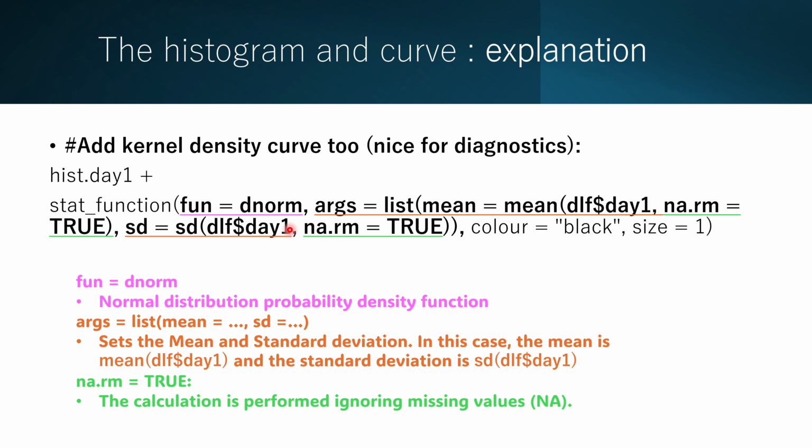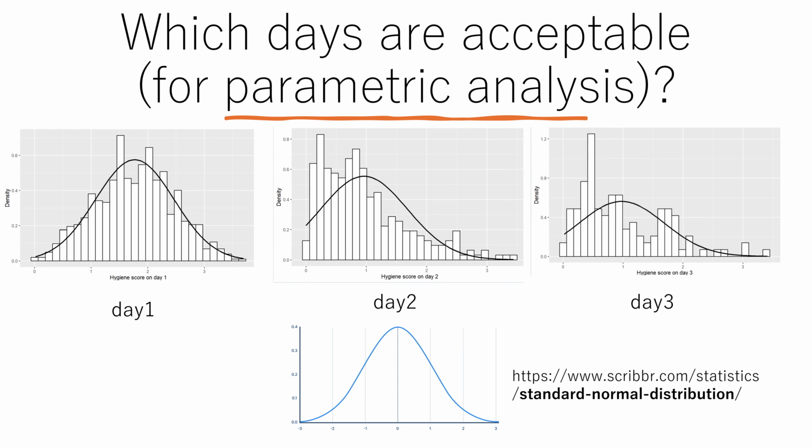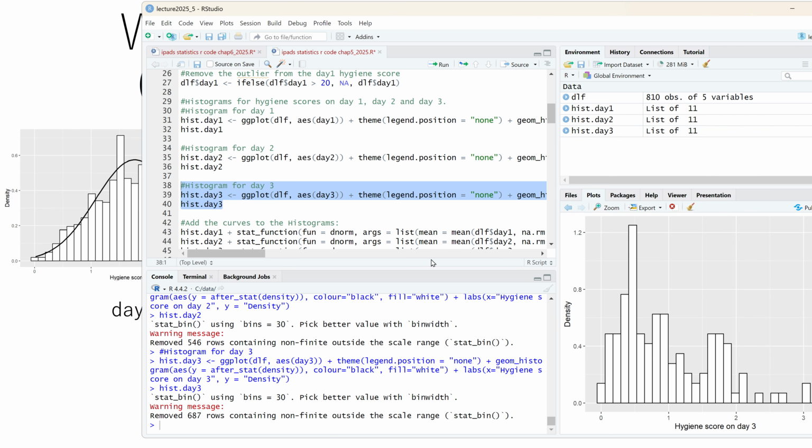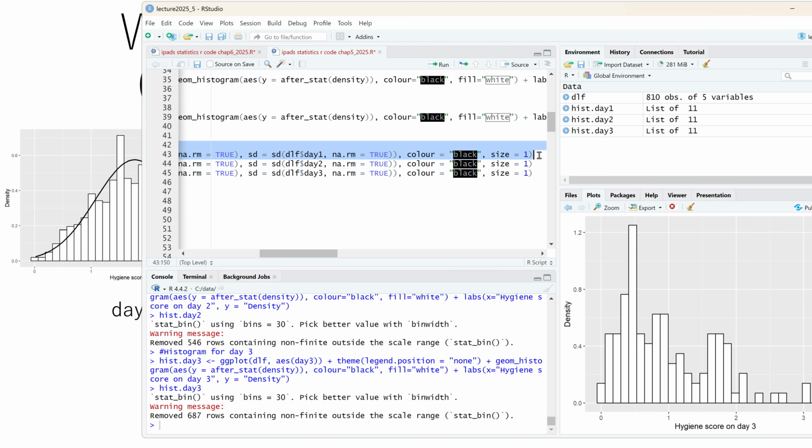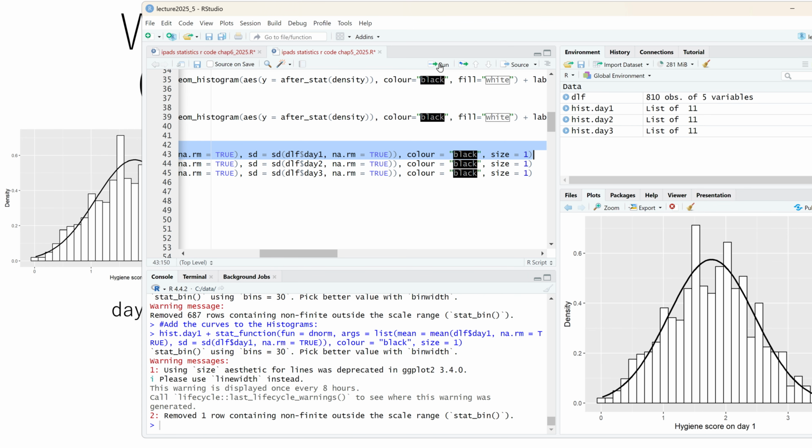I wanted to ignore the missing portions like this, so I added this part. Okay, this is a slide, but we can also check by using R, then we can get here.